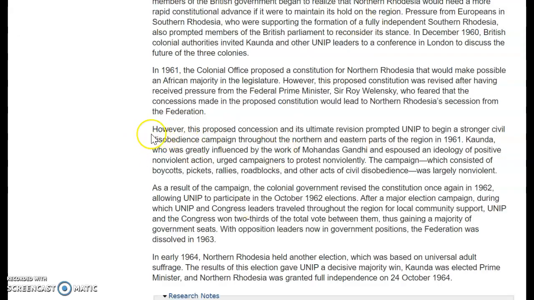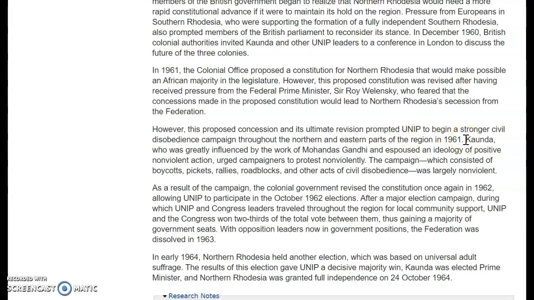So in this paragraph, we're looking at, however, this proposed concession and its ultimate revision prompted UNIP to begin a strong civil disobedience campaign throughout the northern and eastern parts of the region in 1961.